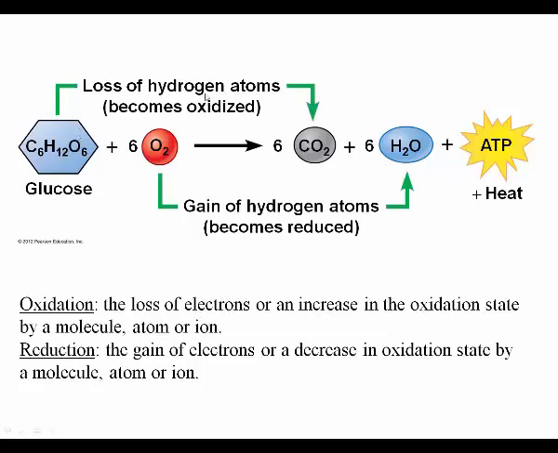So when we say loss of hydrogen atoms, we're referring to the loss of the high energy electron associated with hydrogen. Ultimately, the hydrogen attached to oxygen will no longer have a high energy electron. The electron will have gotten rid of all of its energy, which has been put into ATP, or lost as heat. And we'll see how that happens later in the process.